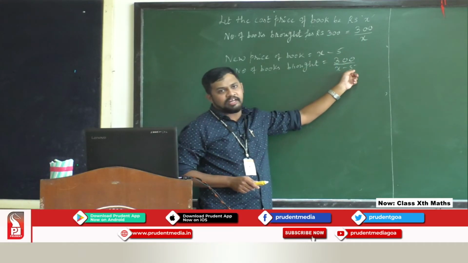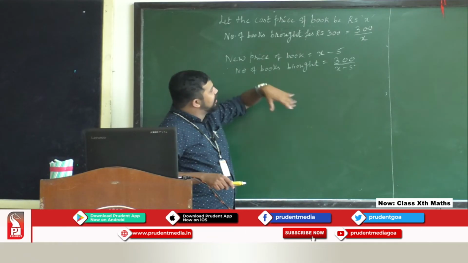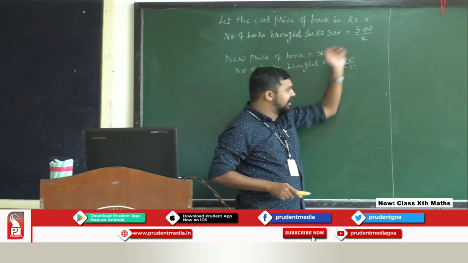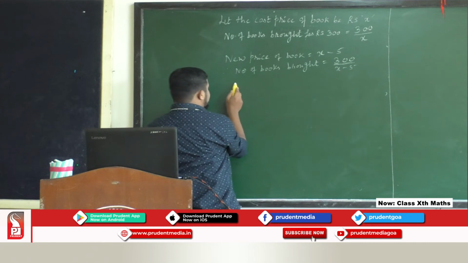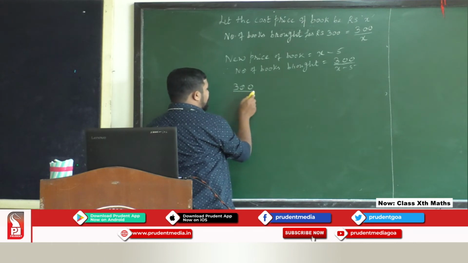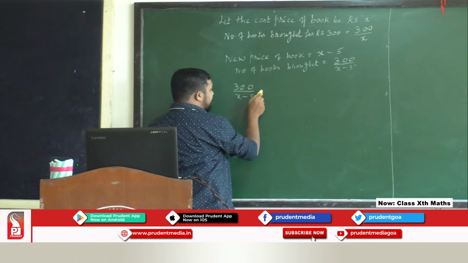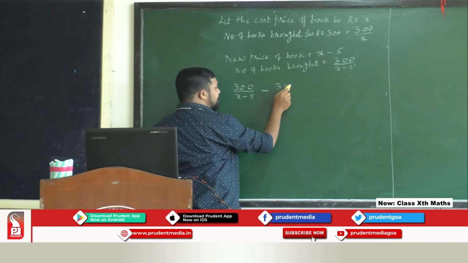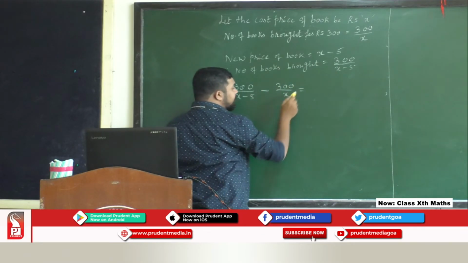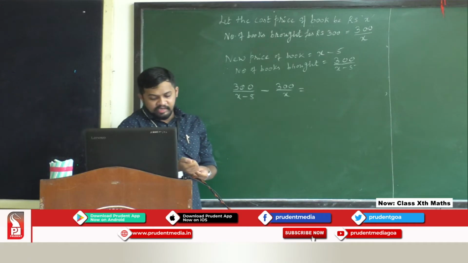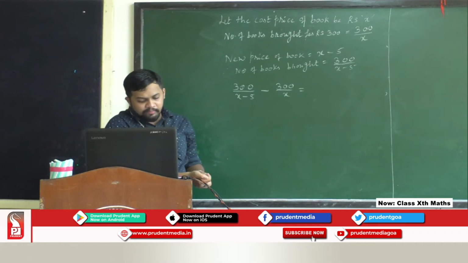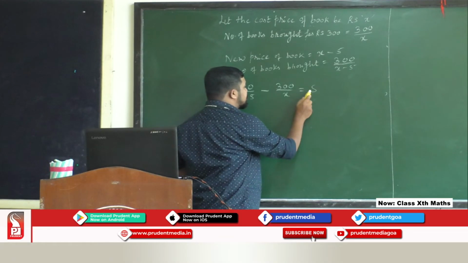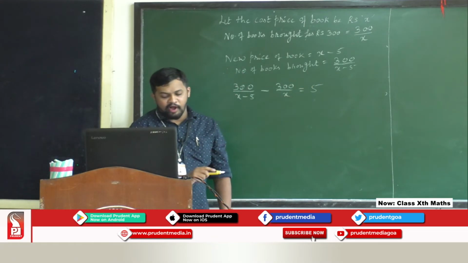So maximum means positive sign, and obviously here it will be negative. So I will write 300 upon x minus 5 minus 300 by x equals 5. It is said you can buy 5 more books.